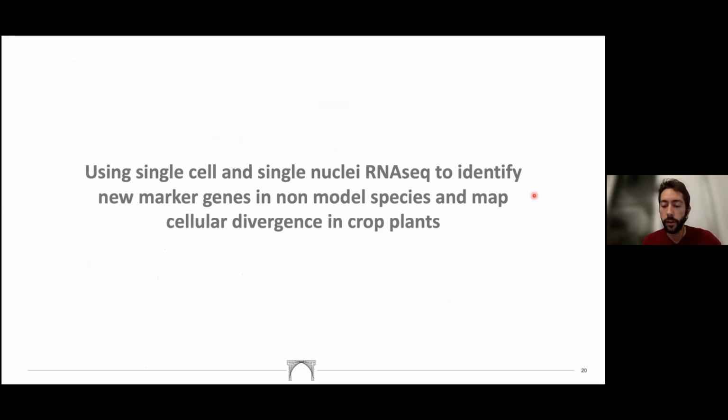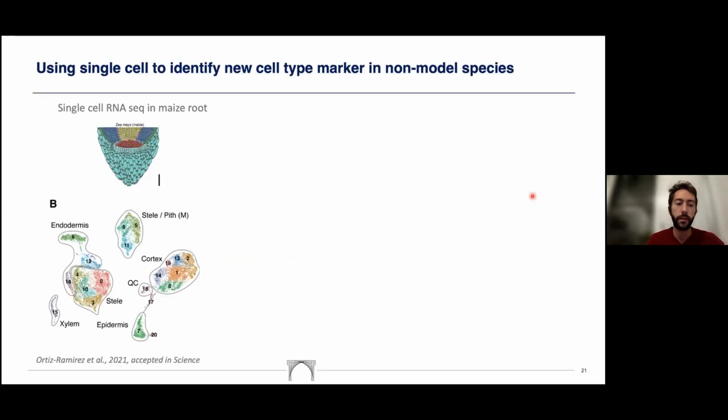And so it all started a few months ago, when a postdoc in our lab, Carlos Ortiz Ramirez, started to characterize for the first time the root meristem of maize. And so he was able to successfully do the protoplasting and the single-cell and identify almost every cell type present in the root here.